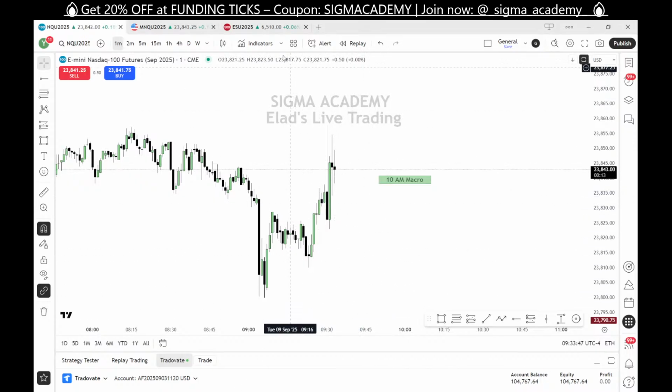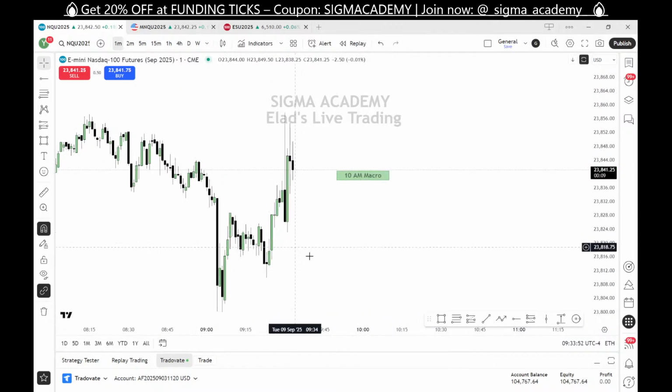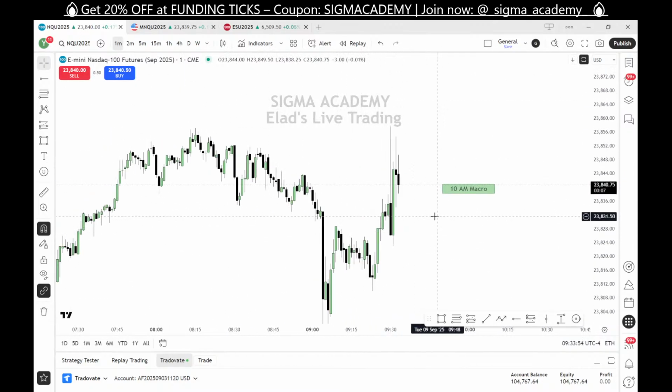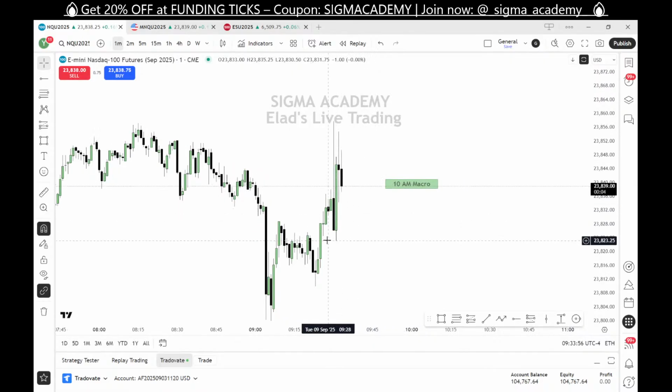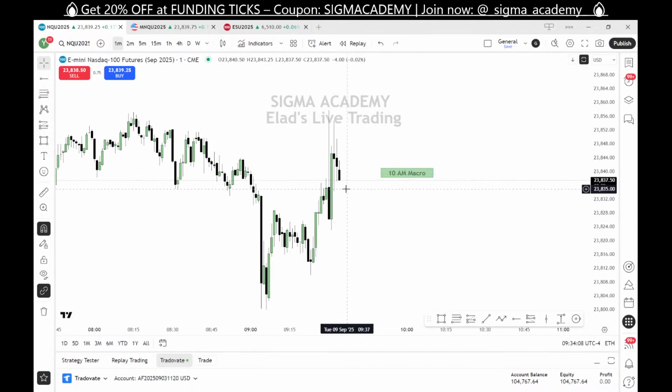One more thing too is the first presented. What is the first presented? First presented fair value gap. You can see this is the opening bell, okay? This is the first candle that happens when the market opens. I want to see where the first fair value gap happens after this time window.